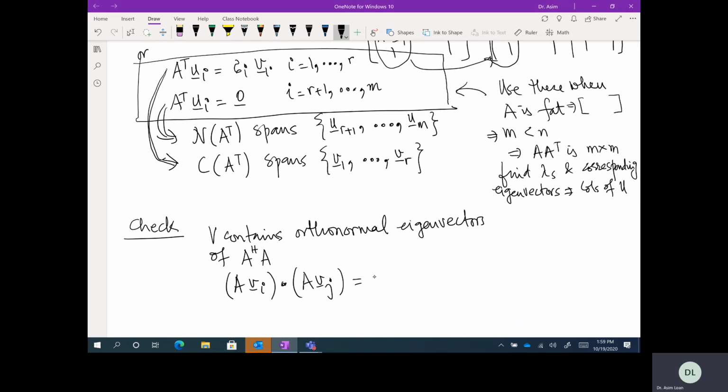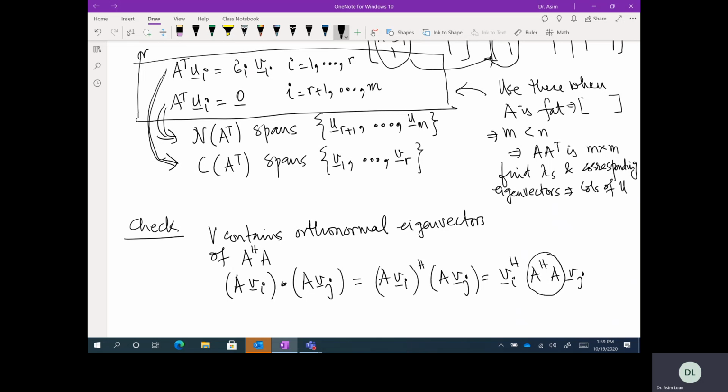This is equal to A times Vi transpose into A times Vj, which is equal to Vi transpose A^H A into Vj. What is A^H A Vj?